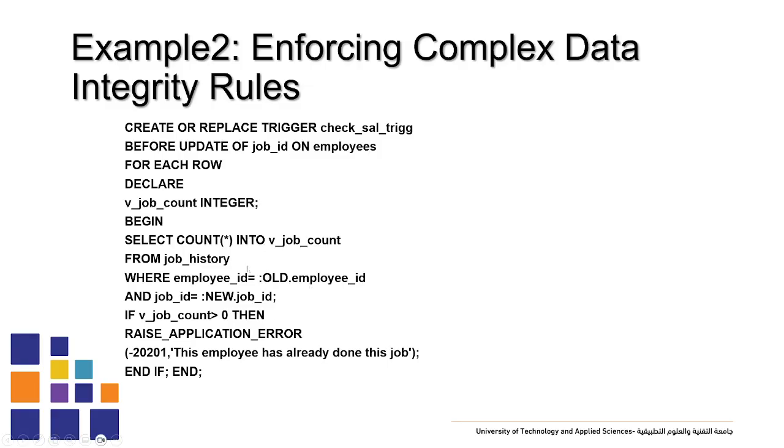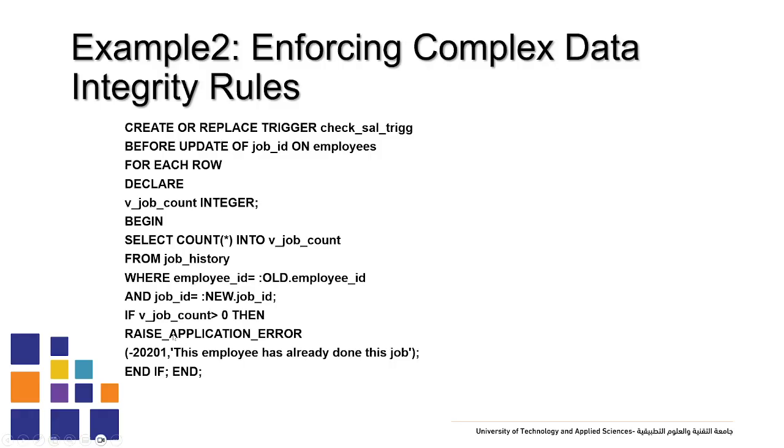The result, of course, the count, will be stored in the variable v_count, and conditional will be there because we have an if statement over there. This if statement checks whether the employee has already been assigned the same job ID in the job history table.